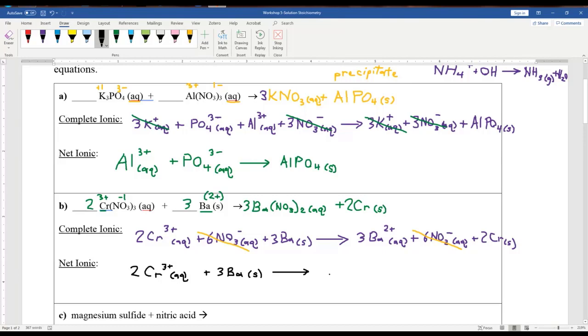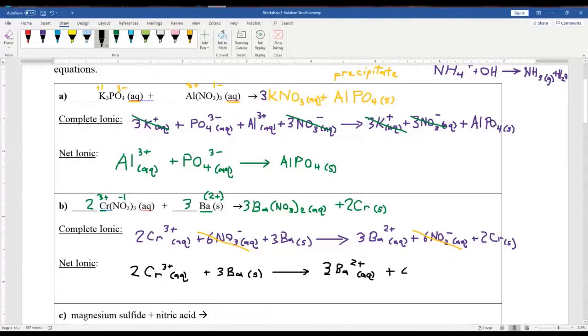So these types of reactions are actually quite common. You're all set when you take general chemistry too, because you'll see that a lot. Yep, very true.